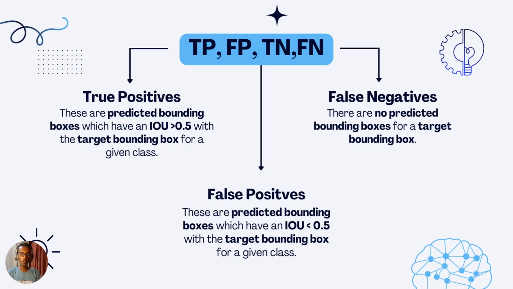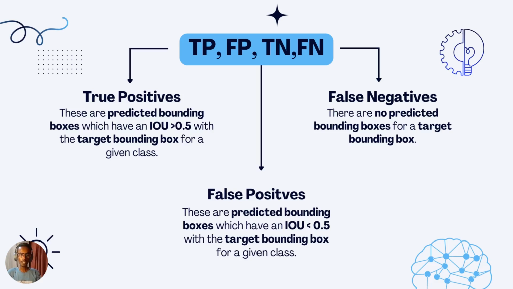So if you have two bounding boxes, the first one is the predicted bounding box and the other one is the target bounding box. The target is the ground truth bounding box, and if the intersection over union is greater than 0.5, that's a true positive.